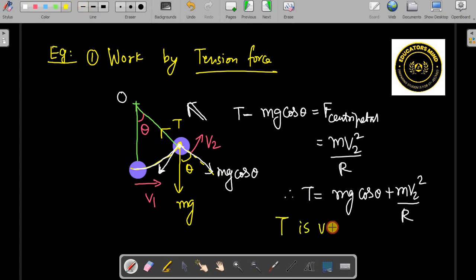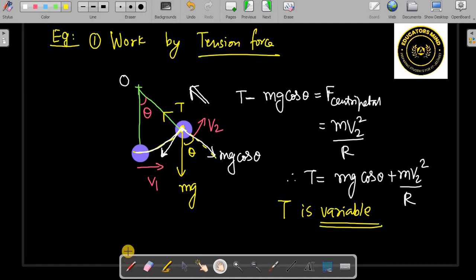Tension is variable. So how do we calculate work done by a variable force? Just now we have understood. Work done by tension is the integration of tension into displacement. Now we are taking a small displacement. That displacement of the ball is happening tangentially.